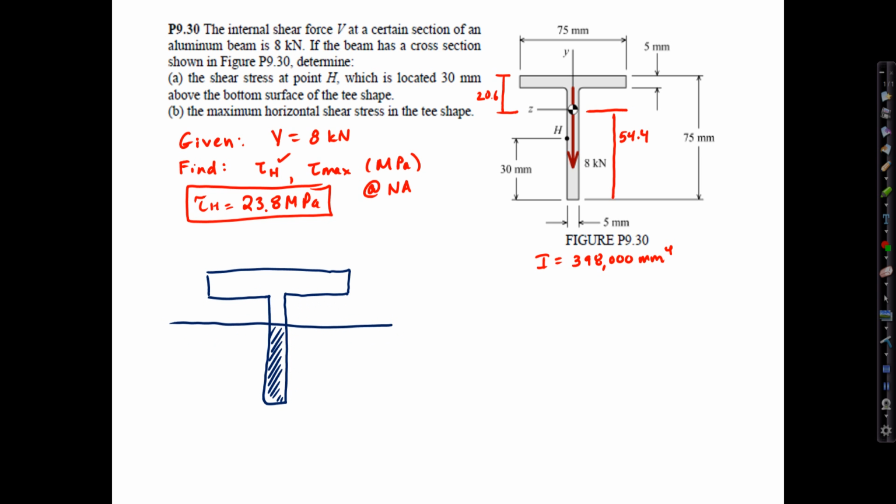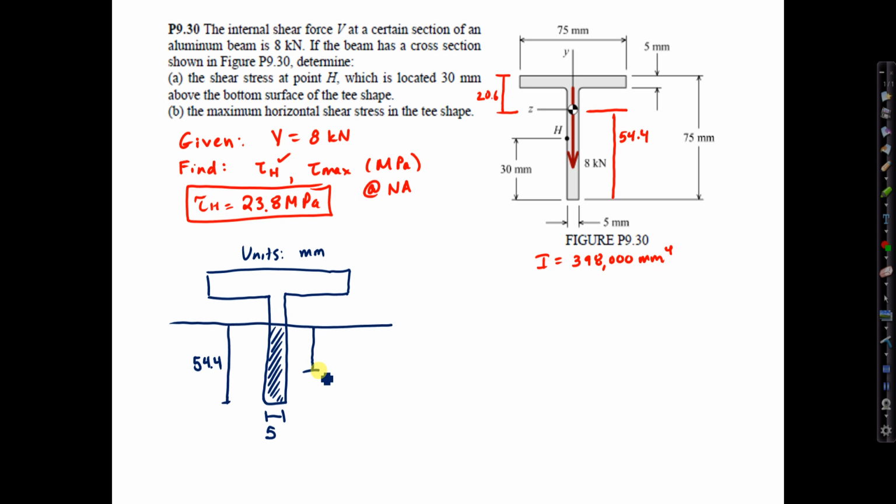In this case, I'll choose the area below because it's only one piece or one section. If I took the area above, I'd have to split it into two. So it's a little bit faster to do the area below. This total distance below the neutral axis, 54.4, the same as the centroid. 5 is the thickness. My units are all in millimeters here.